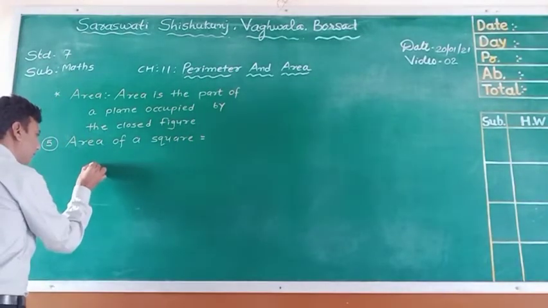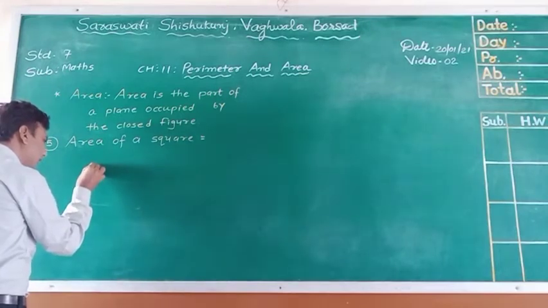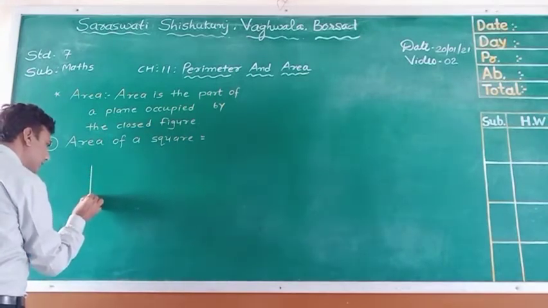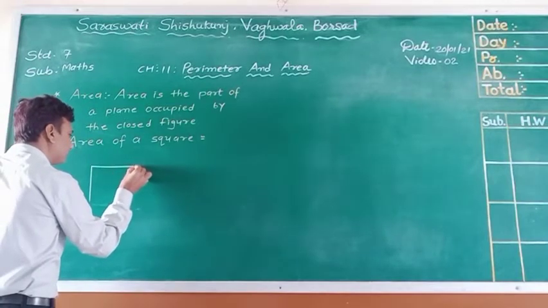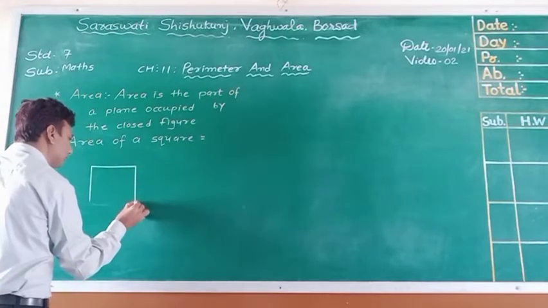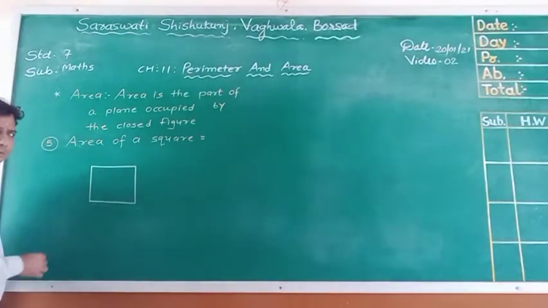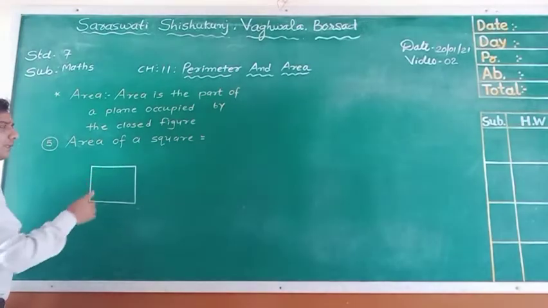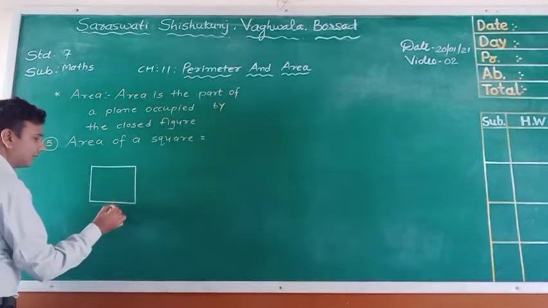For that, first I will draw a 2D figure, a square. We know a square has length and breadth, and all sides are equal in a square, so we can take this as length.